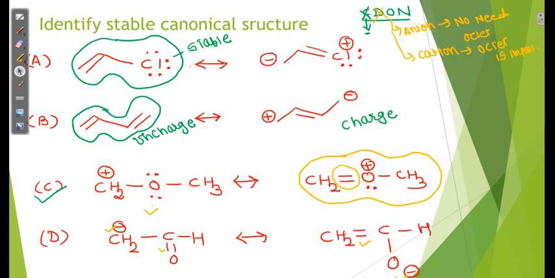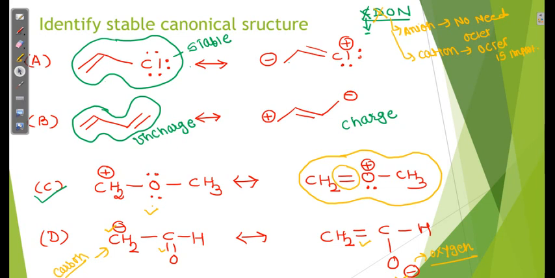Here there is a negative charge on oxygen, and in the structure of this one the negative charge is on the carbon. So among this carbon and this oxygen, which is more electronegative, I had explained in the inductive effect, the sequence of electronegativity.